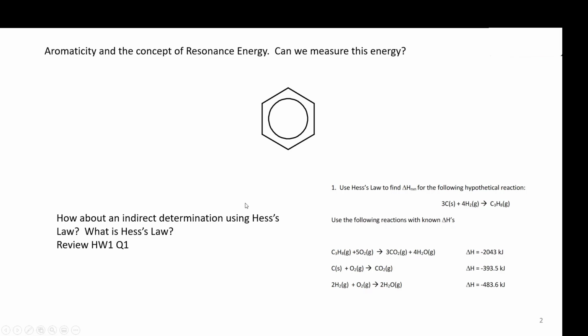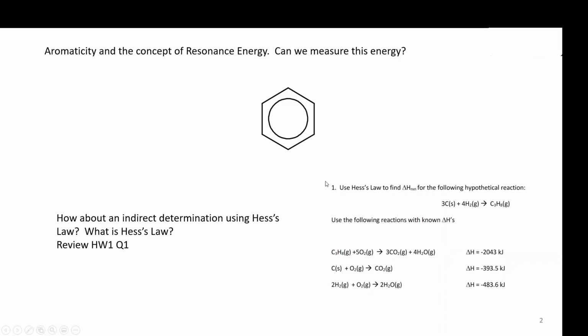The method we can use, however, is Hess's law. Remember in homework 1, question 1, we used Hess's law to measure the delta H of unknown, hypothetical reactions using the delta H from known reactions, right? In this case, we can do that as well.